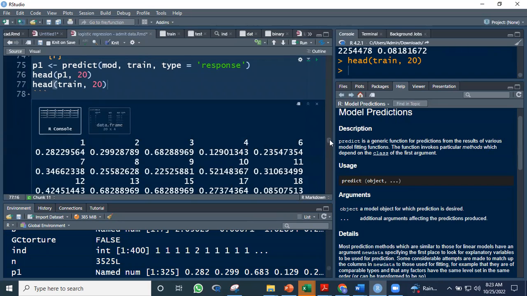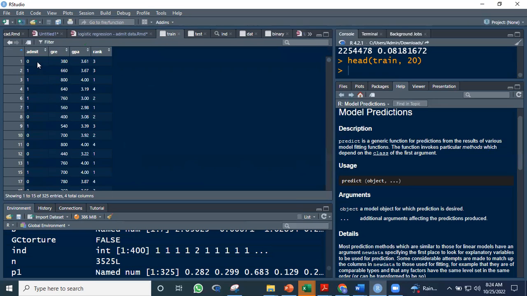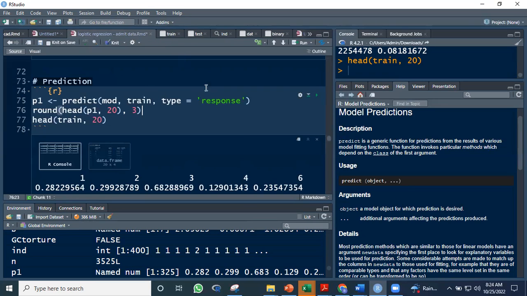Okay, sandali, i-round natin to, class. Three decimal places. Okay, kasi yung train naman natin, 0 or 1 lang naman yan. Okay, so let's run this again.